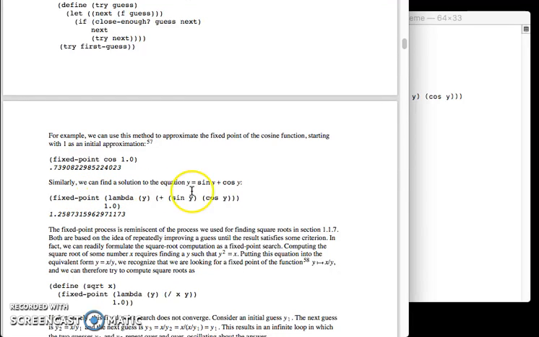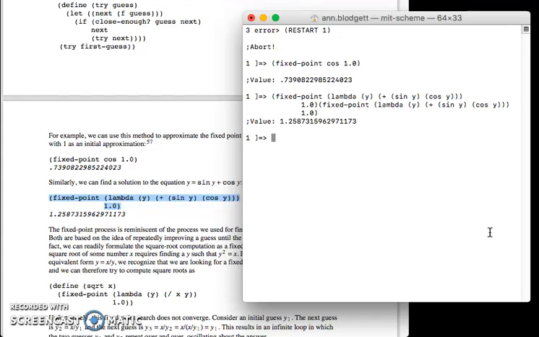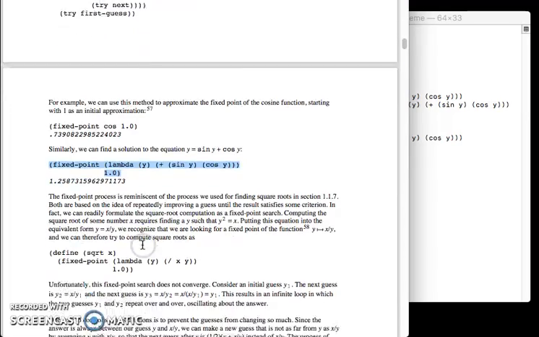So we have this whole procedure as one input, and then 1 is the next input. Okay. 1.25, which is what we got.